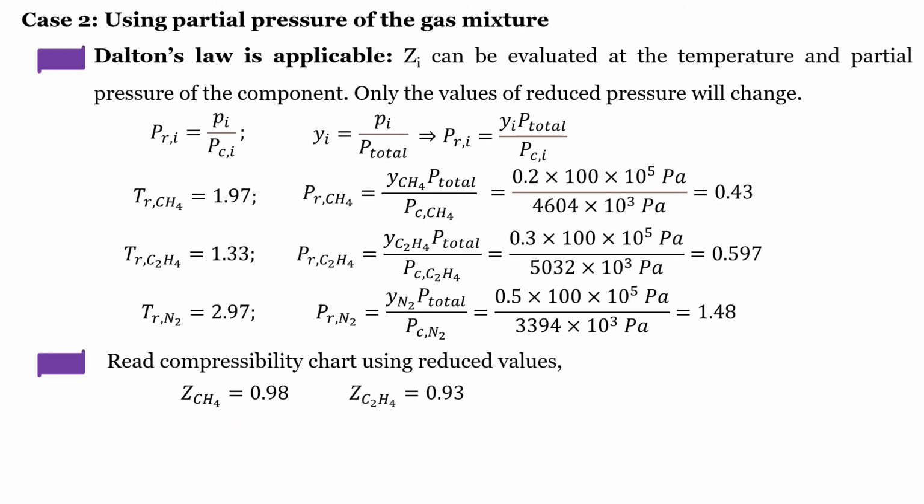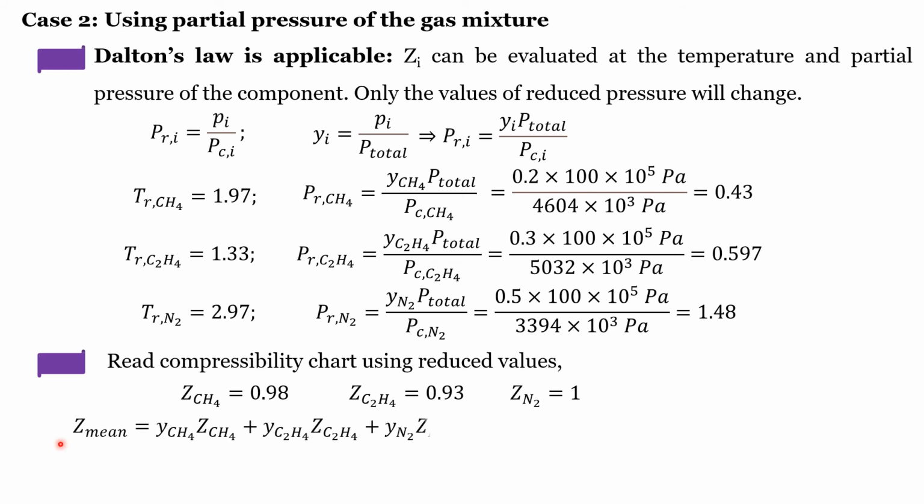In the same way, using reduced values of C2H4, we can read the generalized compressibility chart, and we will get the compressibility factor for C2H4 equal to 0.93. In the same way, we can estimate the value of compressibility factor for nitrogen.